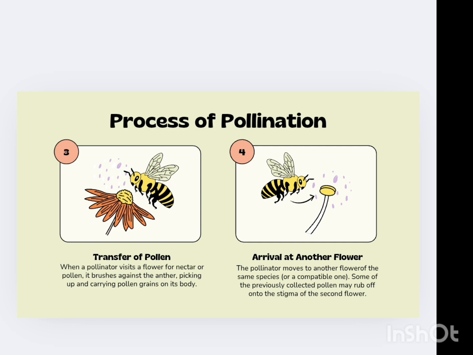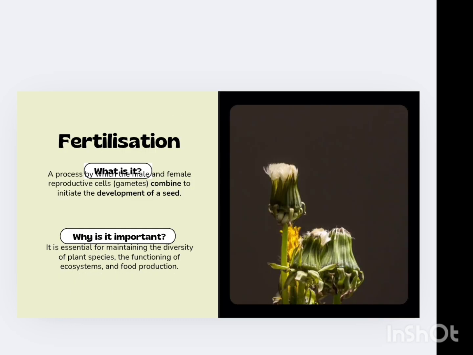These pollinators visit the flower for nectar or pollen, and brush against the anther, picking up and carrying pollen grains on their body. On arrival at another flower, the pollinators deposit the pollen on the stigma of the flower. Fertilization takes place when the flower stigma allows the pollen tube to grow, and the male gametes are transferred from the stigma inside the ovary through the pollen tube.